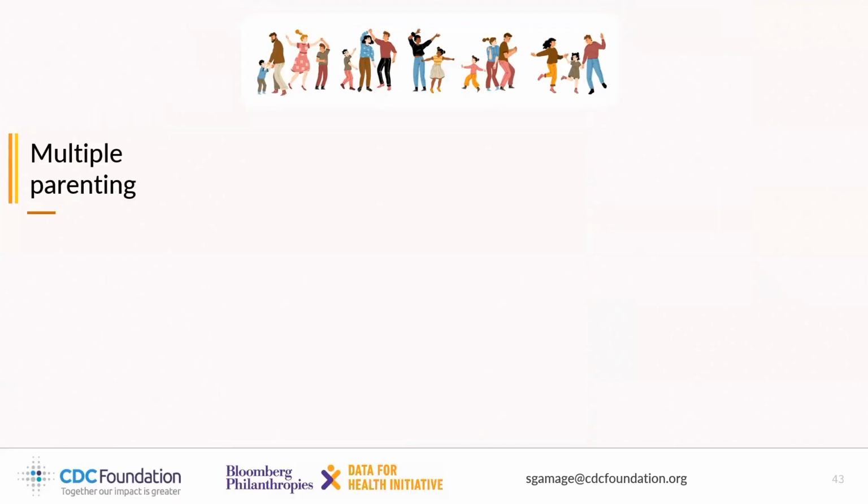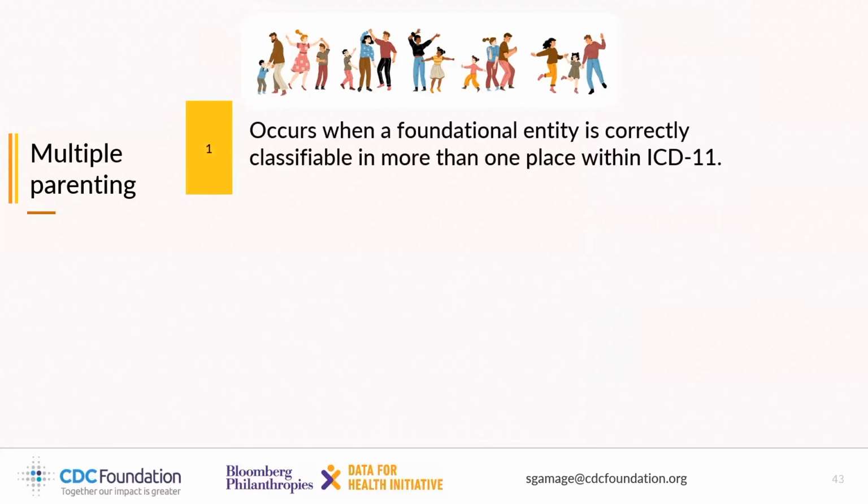There's another concept that we discuss with ICD-11, multiple parenting. It occurs when a foundational entity is correctly classifiable in more than one place within ICD-11. So some health concepts fit neatly under more than one umbrella. For example, a condition might be both a disorder of a body system and a manifestation of a more general health issue. ICD-11 allows a single concept to have more than one parent category.